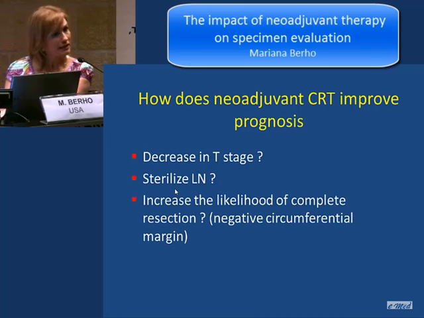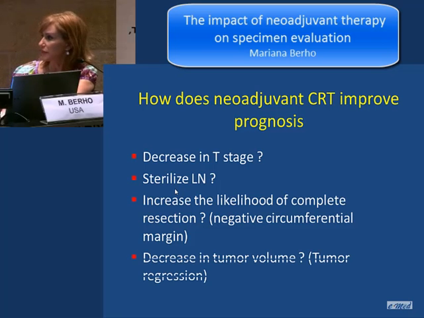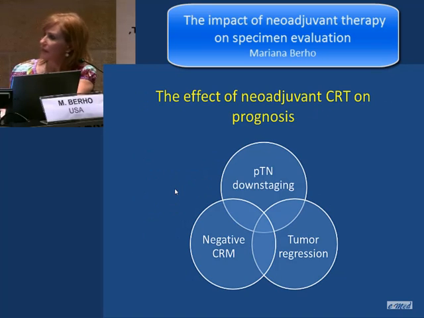Is it that neoadjuvant chemoradiation increases the chances of having a negative margin, particularly the circumferential margin of resection? Or is there a value in the decrease of tumor volume, what we would call tumor regression? And I think that probably it is a combination of all of these three things together.